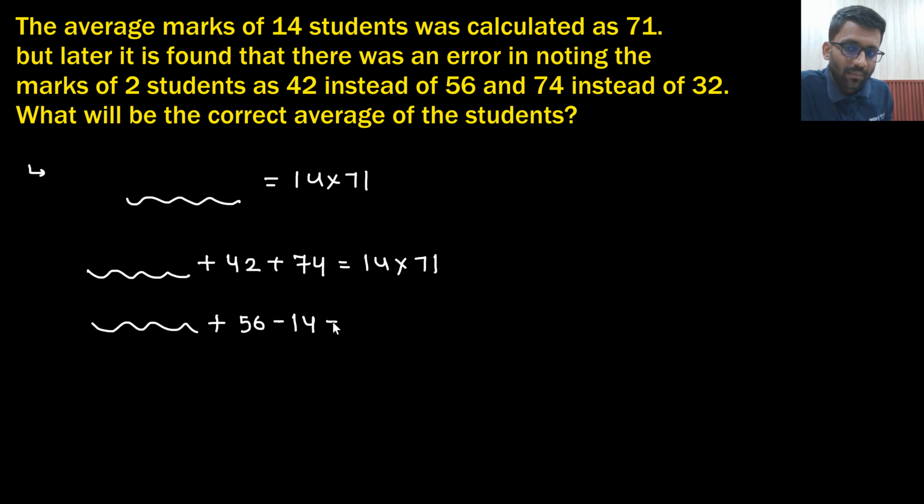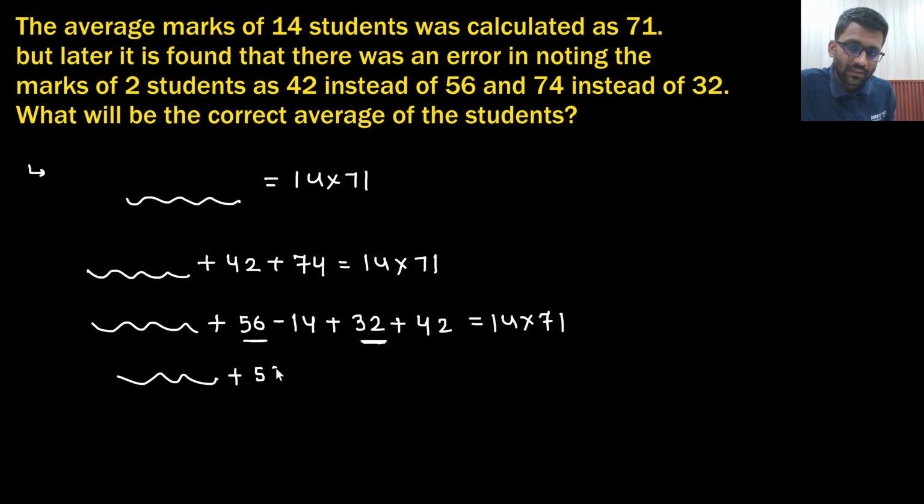Plus, you have written 74, but this guy actually got only 32 marks, so 32 plus 42 should be written. So the actual marks are 56 and 32. These were the actual marks scored by the 14 students.